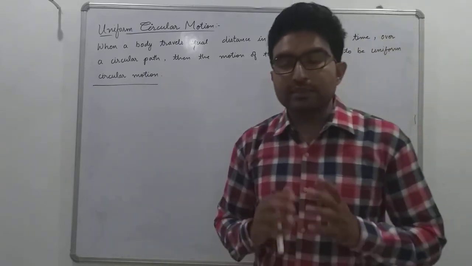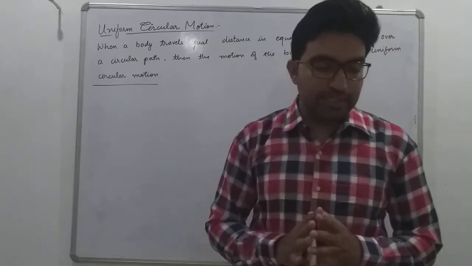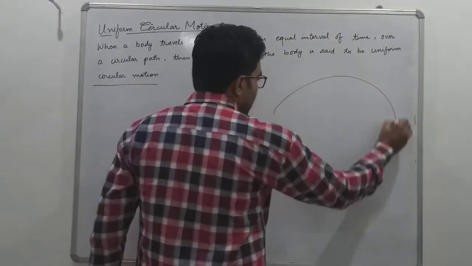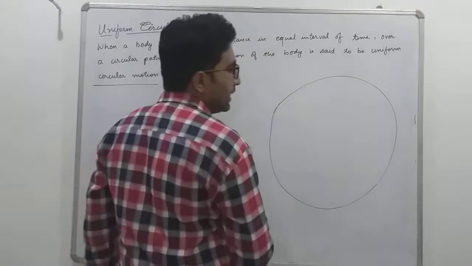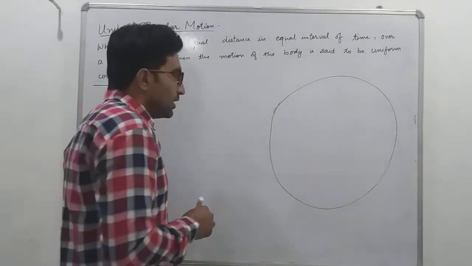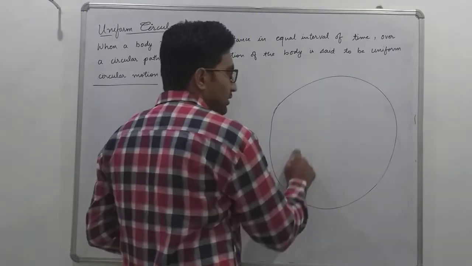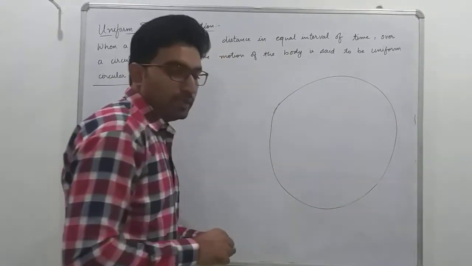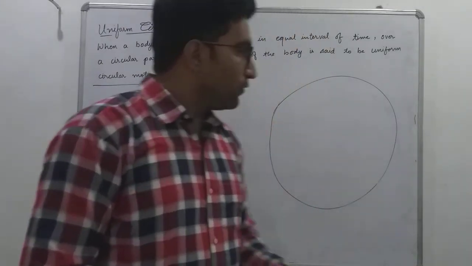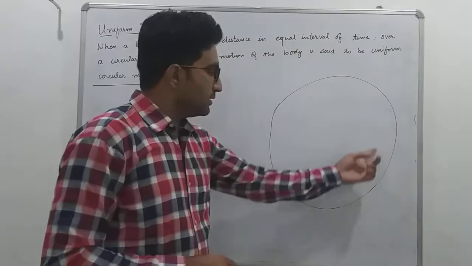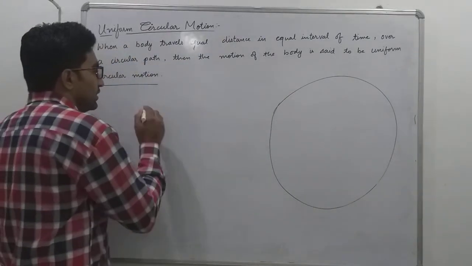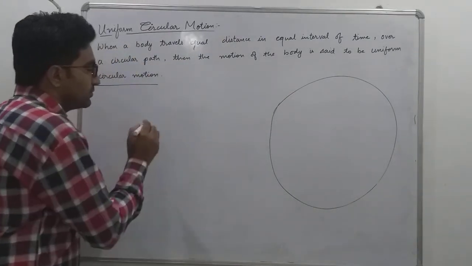Again, we take a circular track, and the athlete is running over this circular track, and completes 2 rounds, 1 and 2 rounds, in 20 seconds. The 100 meter value of the circular track means the circumference.